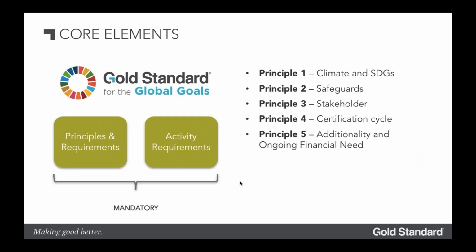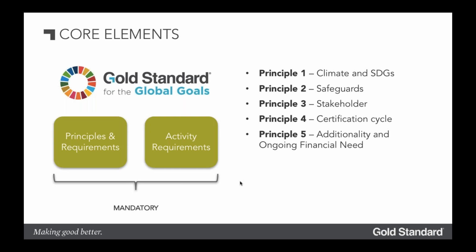Just briefly, what's in the core elements. So we looked at the 4 or 5 existing versions of the standard and extracted the 5 principles that really make those up when you boil it down. And they are contribution to climate mitigation and the SDGs, or MDGs in previous versions. There are strong safeguards. There is robust stakeholder engagement.